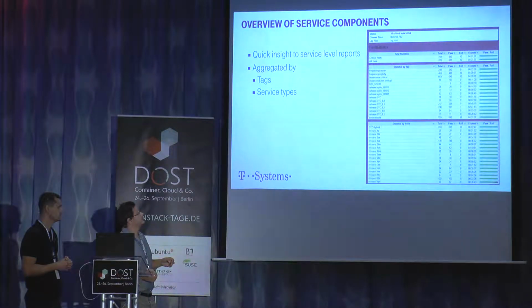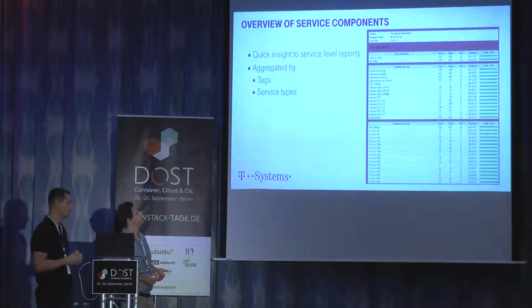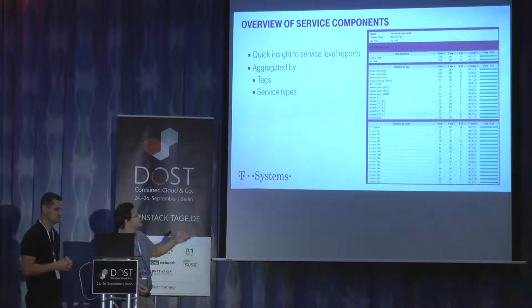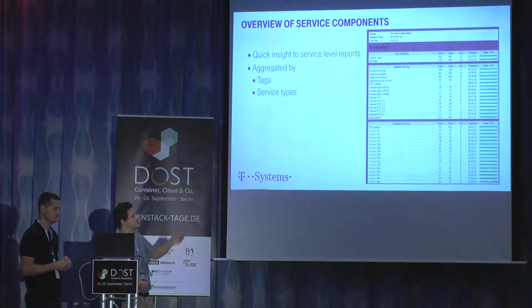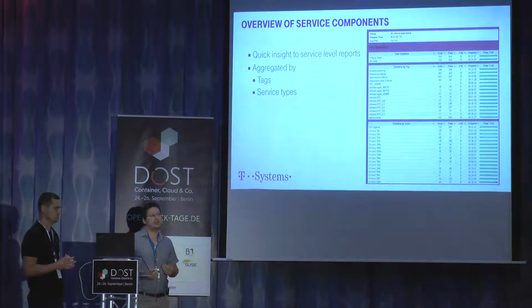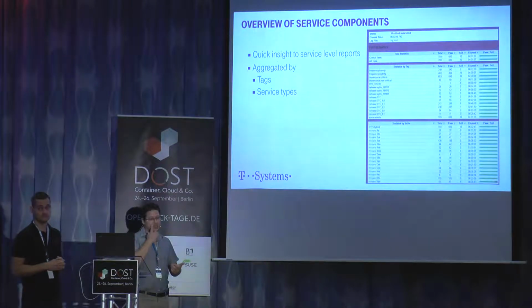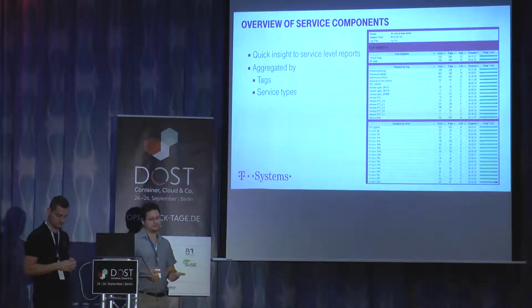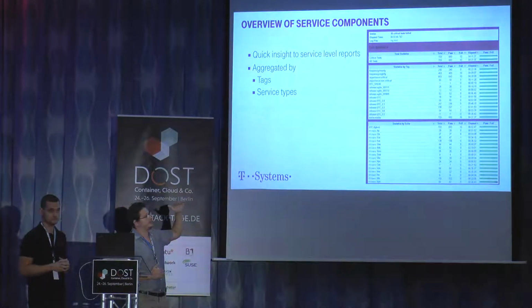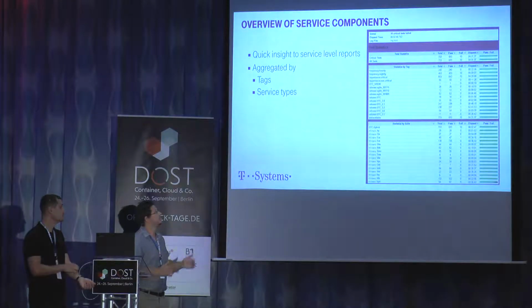Then we can have a slightly deeper level view of the reports, which are aggregated by tags or by service types. Service types are, in our case, represented by suites, and suites are basically directories where you run the tests. So if your Robot Framework is going through all tests, because you don't need to run just one test case, you can run the whole directory, then Robot automatically categorizes the directories as different suites.